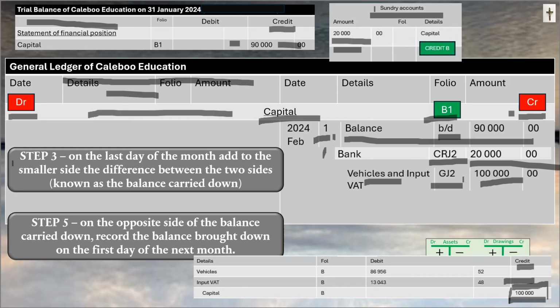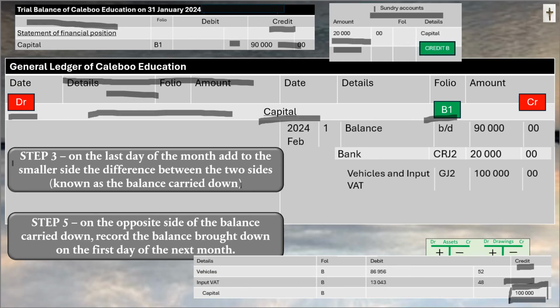Step 3 says on the last day of the month, add to the smaller side the difference between the two sides, known as the balance carried down. This is quite easy because there are only transactions in this capital account on the credit side.